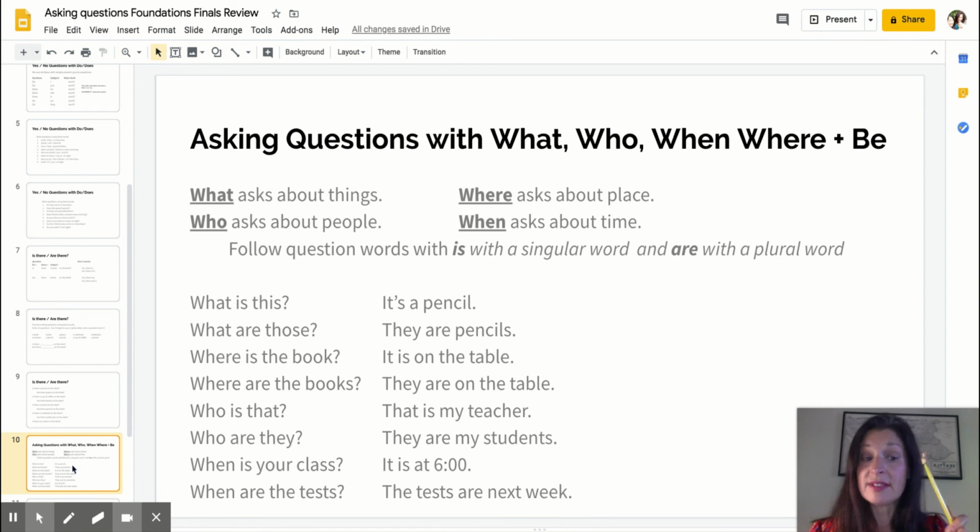What is this? It's a pencil. What are those? They are pencils. Where's the book? It's on the table. Where are the books? They are on the table. You read.